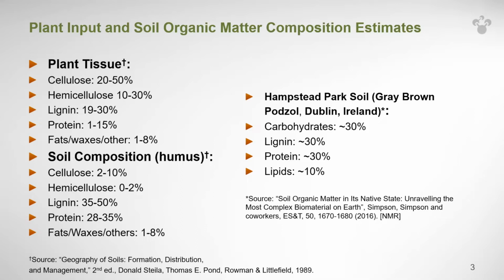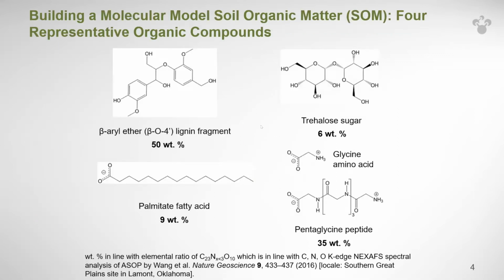We wanted a zeroth order model where we just took 4 components, carbohydrates, lignin, protein, and lipids, and formed an organic model. So from these 4 representative compound groups, we chose a very common motif of lignin. This is a fragment of lignin polymer.